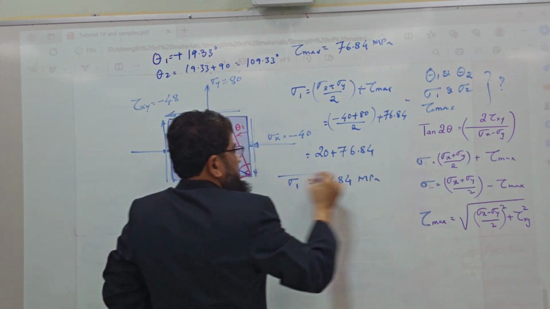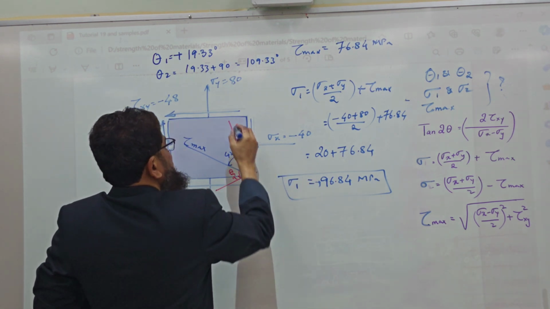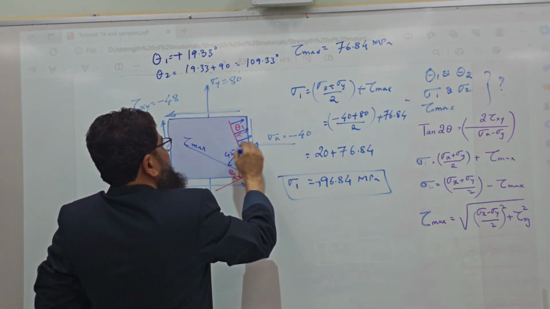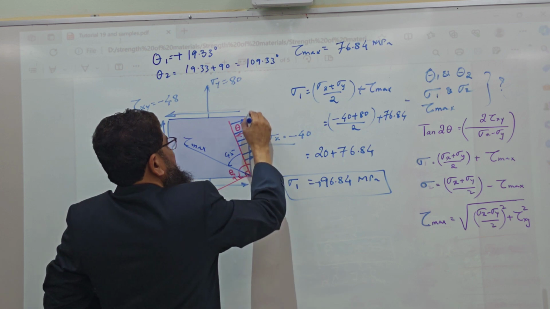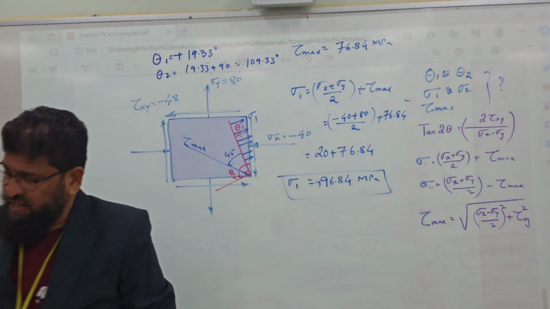This is sigma 1. It is a positive sign, so you have tension here. Just show it here like this. Sigma 1. If you want, you can show any different graph also.